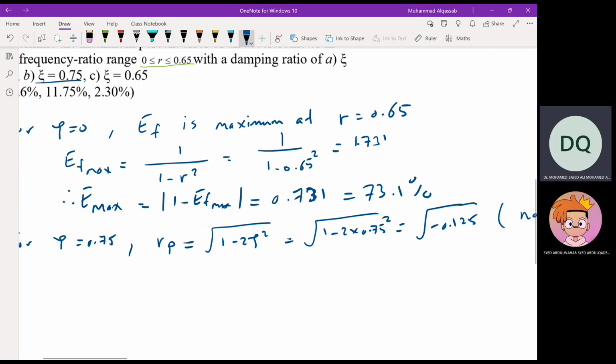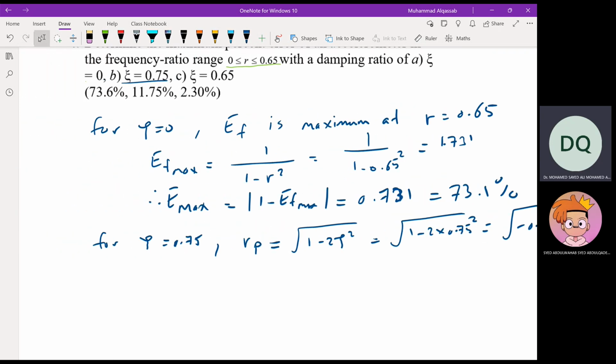This will go sharply downward, the opposite of zeta equal to 0. For zeta equal to 0, it will shoot upward without reaching a peak, and have an infinite value at resonance. For zeta equal to 0.75, it will decline sharply downward without a peak. So there is no peak here to check.